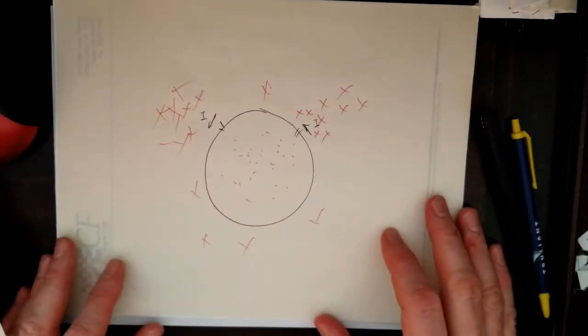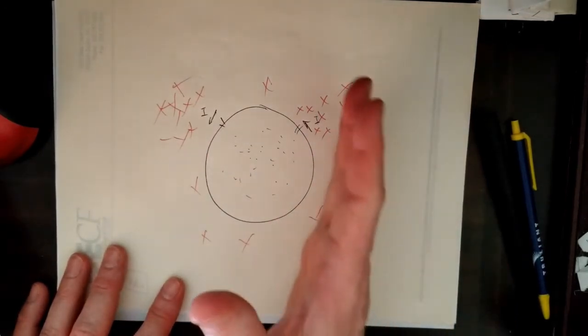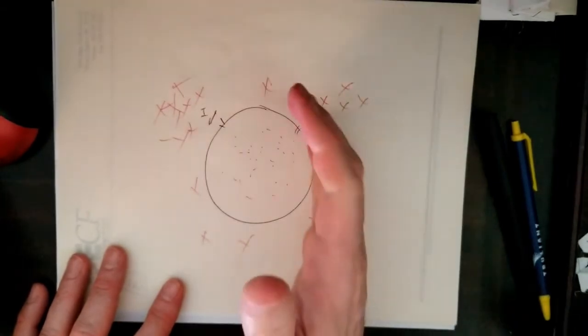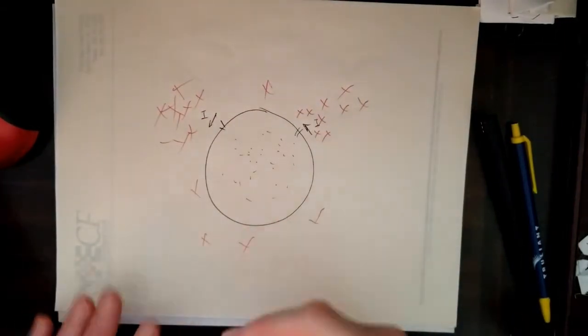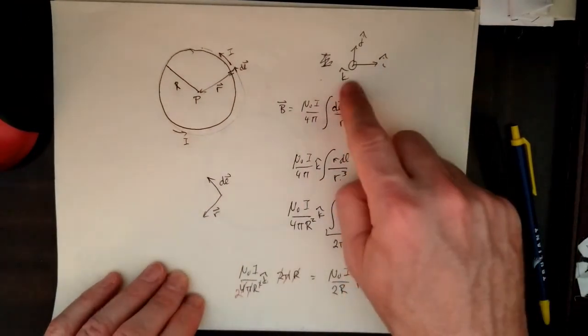This leads into a variation of that right-hand rule. For a loop, if I just curl my fingers in the direction of the current, my thumb points in the direction of the magnetic field on the inside, which again is out. We said it was in the k hat direction, and k hat is out, so something went right.